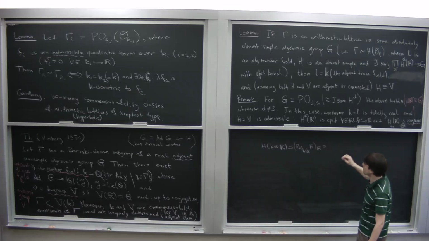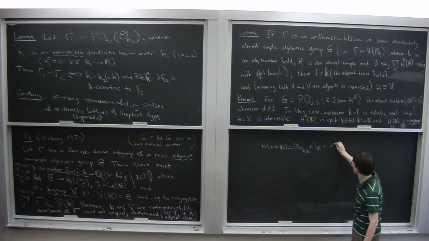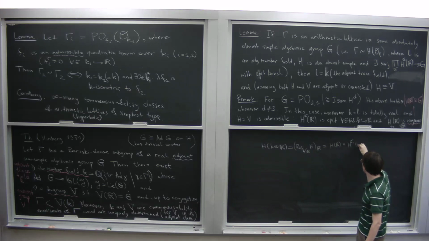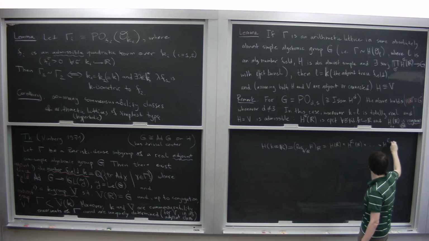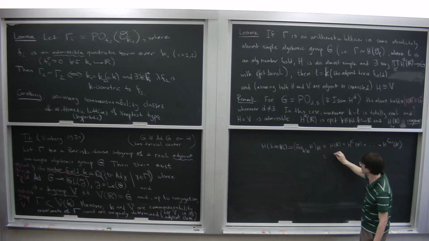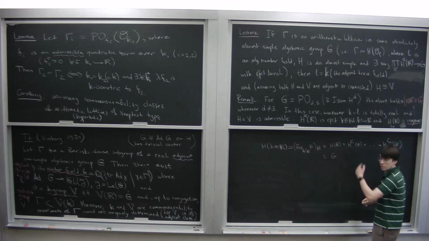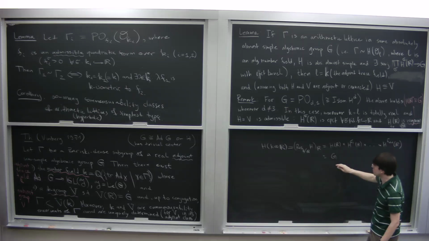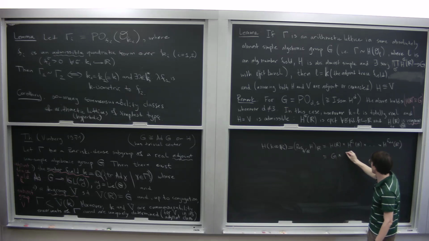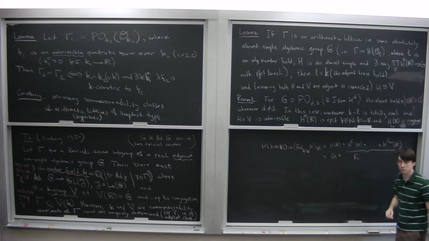So we in fact have H of R times H sigma 1 of R times and so on. And this is in fact my G, right? Okay, well, up to isogeny, but I can assume that it is the same, times, and all this is compact, right?